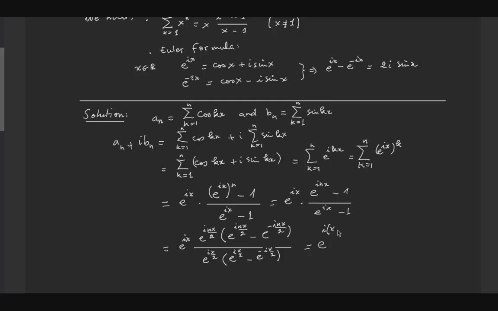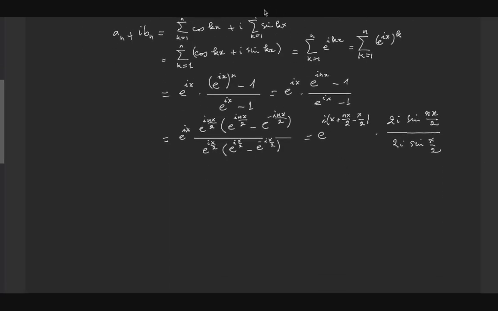Ix plus nx over 2 minus x over 2, times, so here we have 2i times sine nx over 2, over 2i times sine x over 2, using this same formula here.